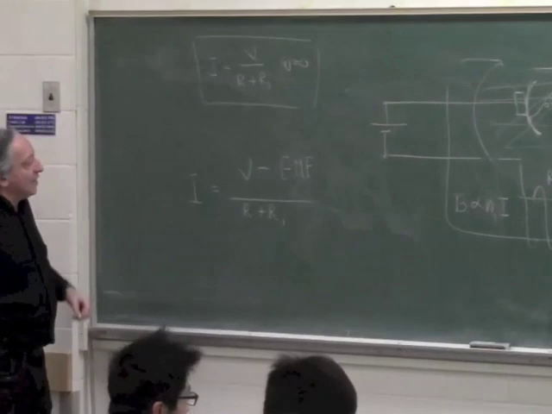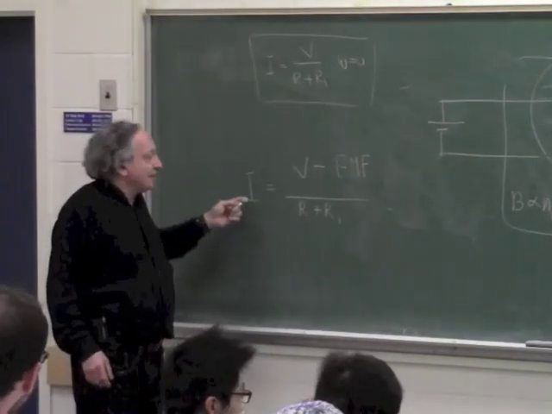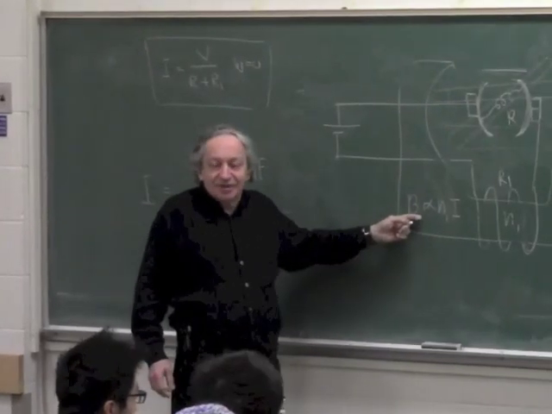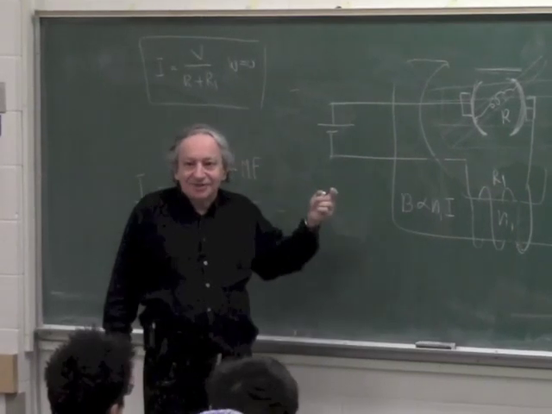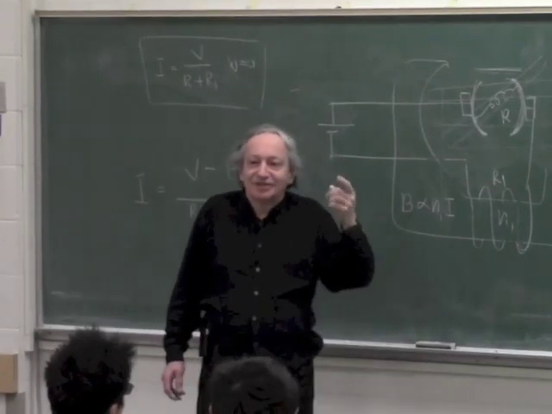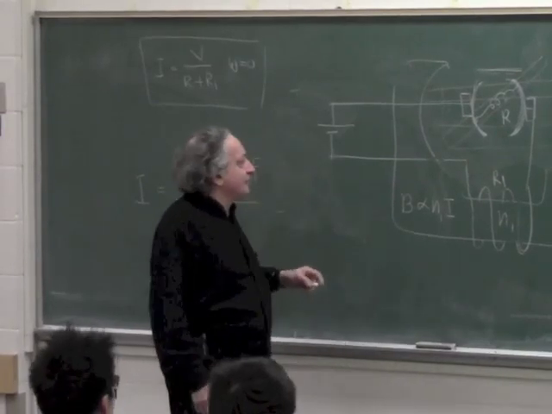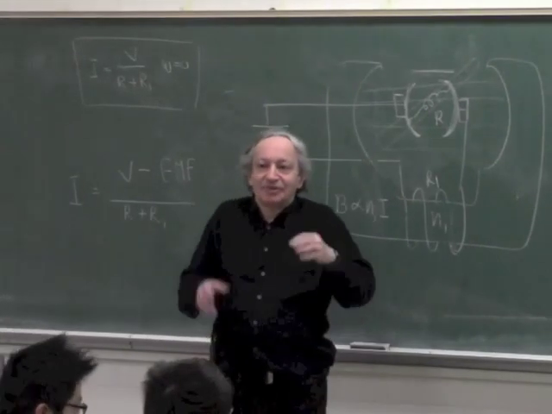So as the motor speeds up, the current goes down. As the current goes down, B goes down. If B goes down, K goes down. If K goes down, the motor has to run faster and faster. So theoretically, if there was no air resistance, the motor will run up to self-destruction.